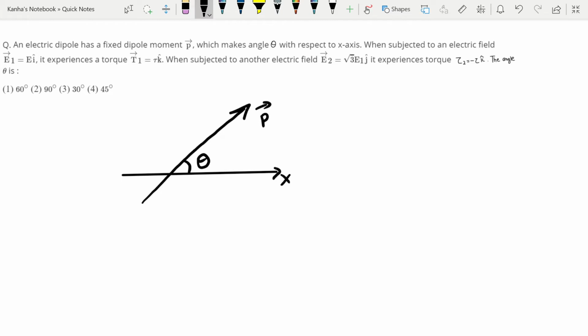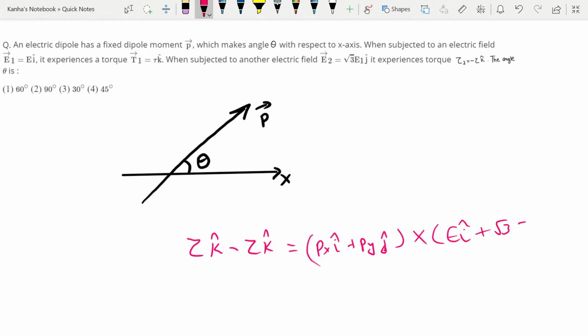Okay, now how do I proceed with this? Let me just write the net torque on the system due to both the electrical fields. So I have tau k cap minus tau k cap. I'm adding the two. It's nothing but px i cap plus py j cap crossed with E i cap plus root 3 E j cap.